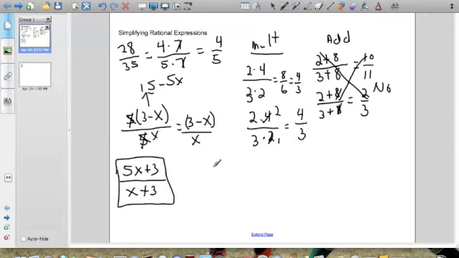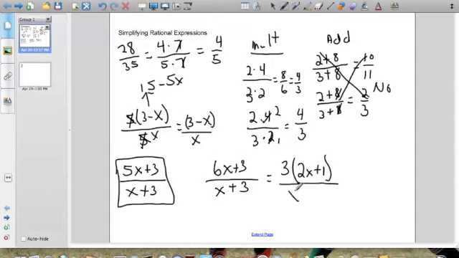Now if I look at the same problem, and let's say I make it 6x plus 3 all over x plus 3. Up top I could try and see if anything happens. Factor out a 3 and I get 2x plus 1 all over x plus 3. But even in that situation, nothing else can factor out, because again I have to put parentheses around here, and so this also is as simple as it gets.